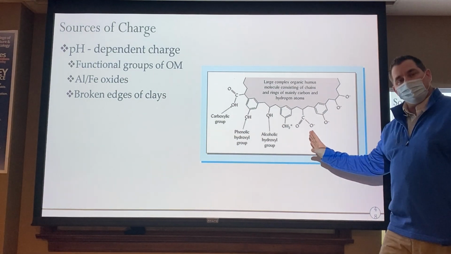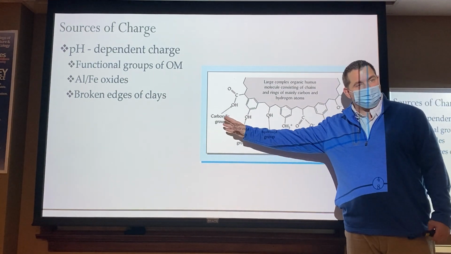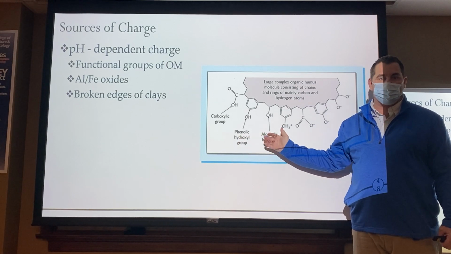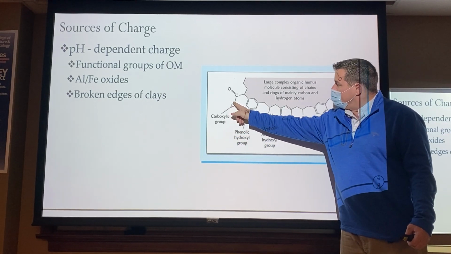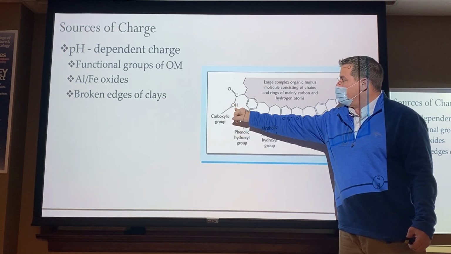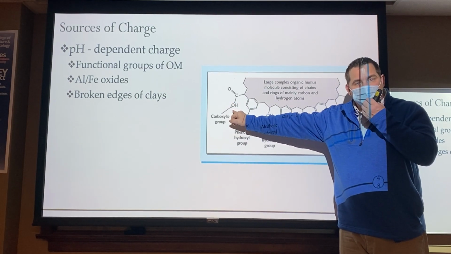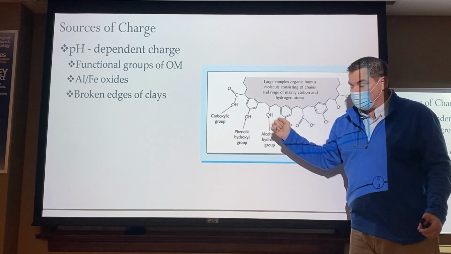So it's not so much important that you know what the functional groups are. Like, this isn't organic chemistry. But just understand that the changes that we're talking about are going to happen right here with this alcohol group on the end of this functional group.